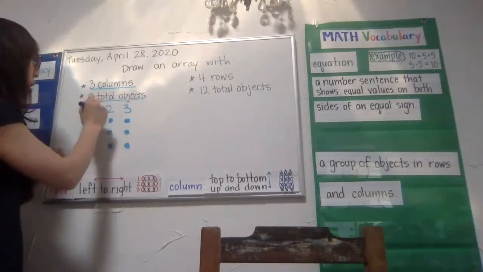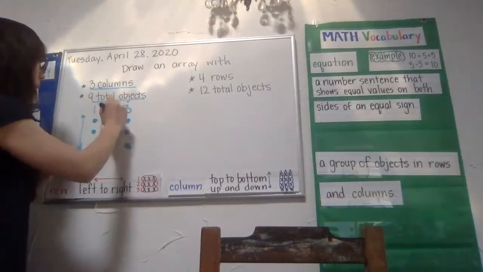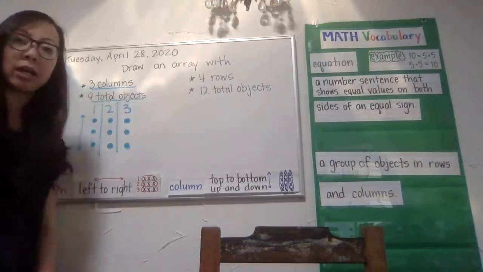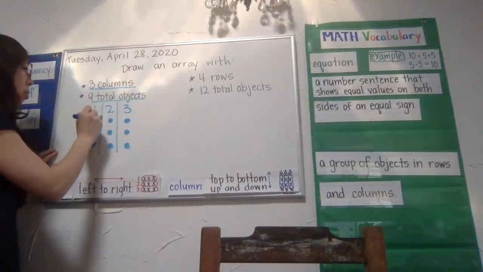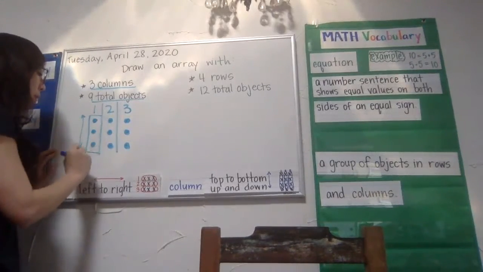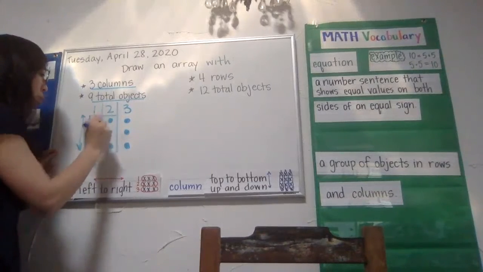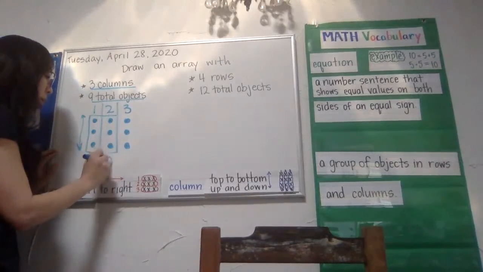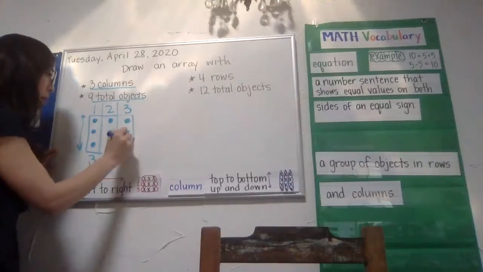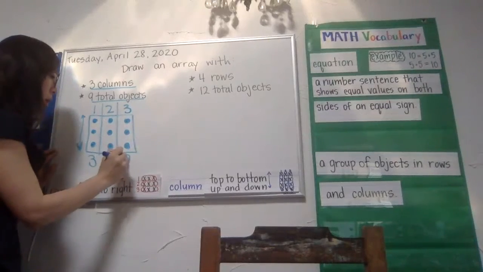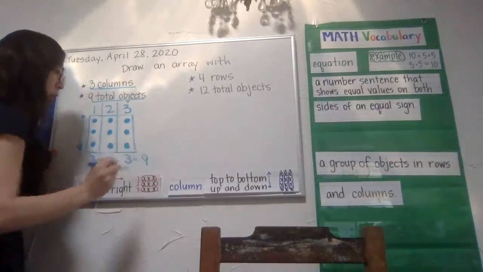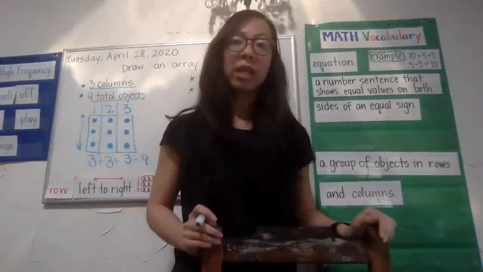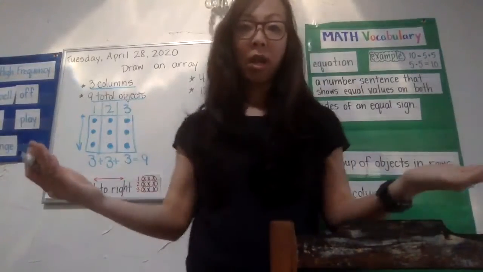I have 3 columns that go up and down, and I have 9 total objects. Now let's see, how many are in each of my columns? I have 3 in my first column, 3 in my second column, and 3 in my last column. And I have a total of 9. So remember, all of our columns have to have the same amount, or it's not an array.